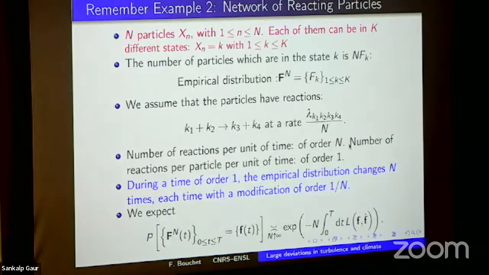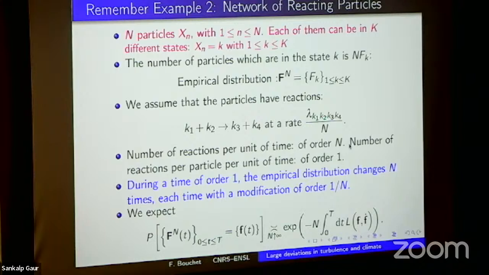And then if I do that, you realize that it's exactly the same computation as my network of reacting particles I had before. It's just like if I have particles of type K1 that meet particles of type K2 locally. Here K1 and K2 are just velocities, and then they collide and give particles of type K3 and K4 at a rate lambda.